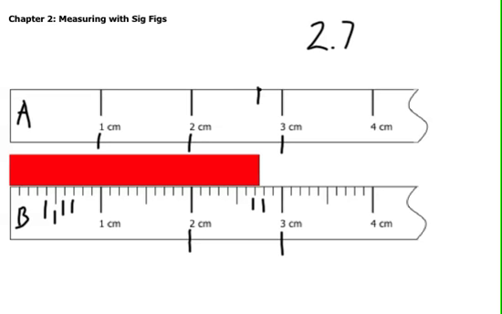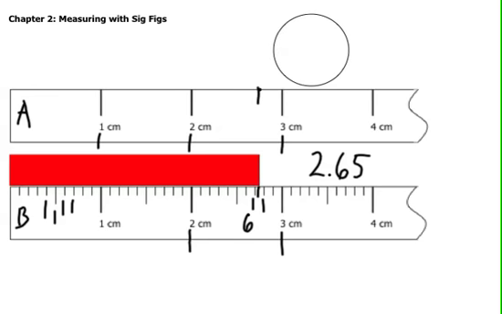So the ones digit is 2. Then we know that the tenths place has to be a 6. And then we are going to estimate somewhere in between there, so about 2.65. Okay, so you can see that the finer the gradations, the more precise the instrument, the more sig figs you get.